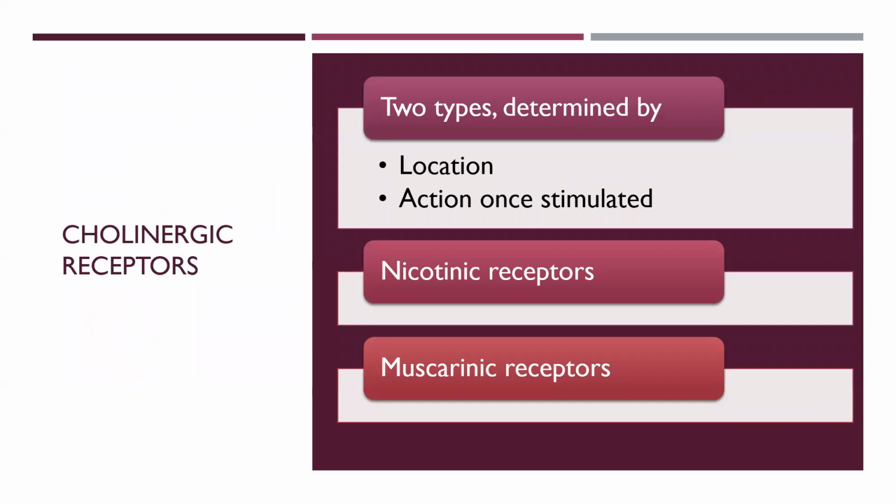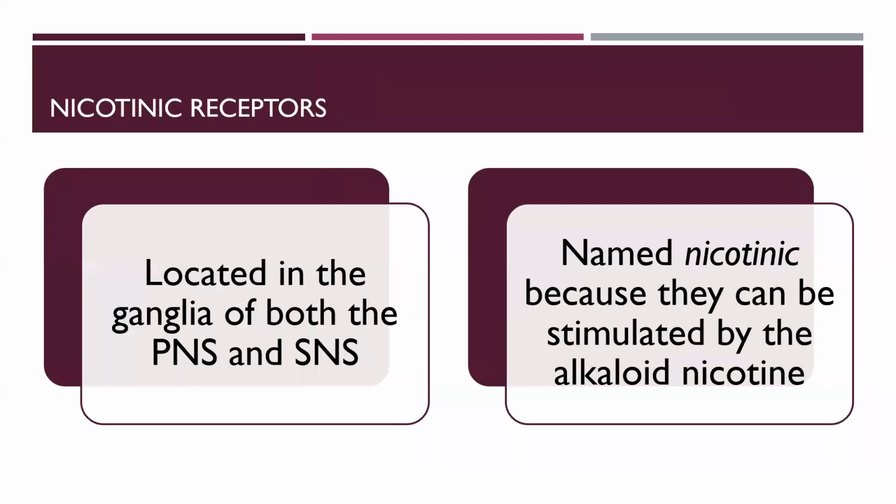So there's two types. You've got your nicotinic receptors and your muscarinic receptors, and they're basically determined by the location and action once stimulated. So the nicotinic receptors are located in the ganglia of both the PNS and SNS. It's named nicotinic because they can be stimulated by the alkaloid nicotine.